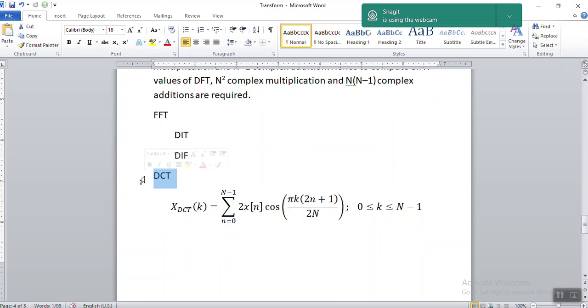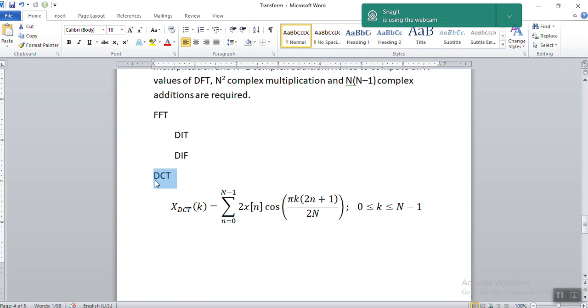Discrete cosine transform is actually expressed as a sequence x of n in terms of a sum of cosine functions of different frequencies and amplitudes. It is like a DFT; the DCT operates on a sequence of a finite number of discrete data points. The basic difference between DCT and DFT is that the DCT uses only the cosine terms, while the DFT uses both cosine and sine terms.